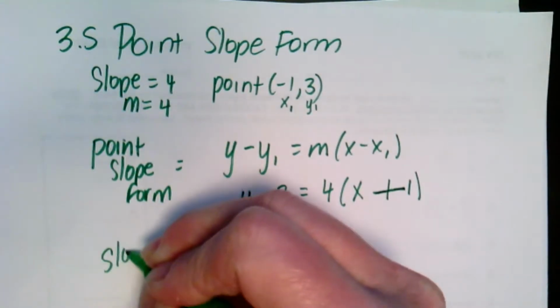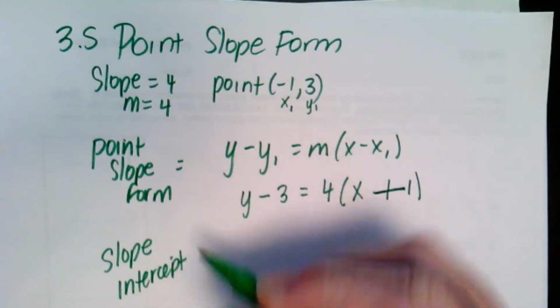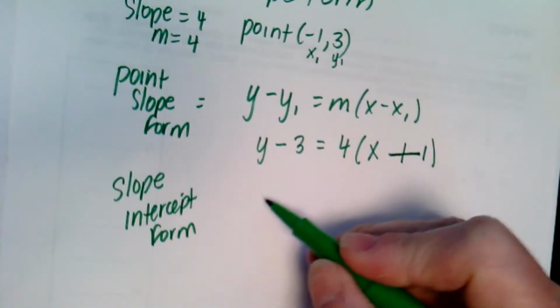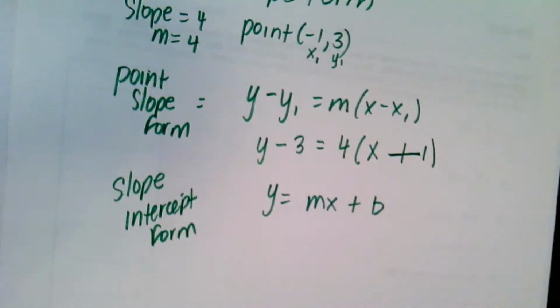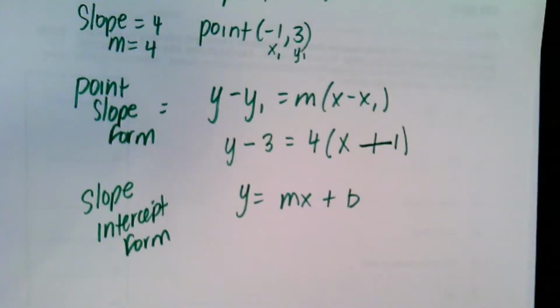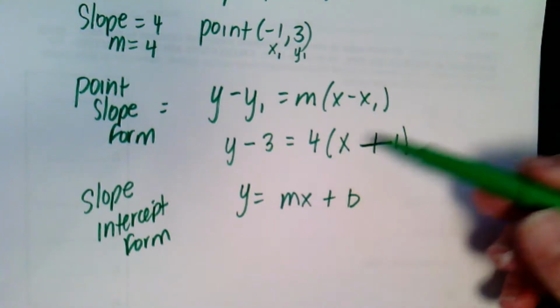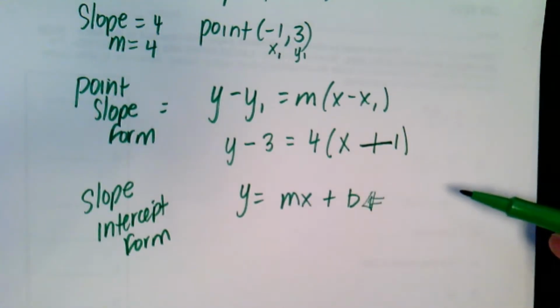Well, now they ask for the slope intercept form, and that is this form. And the good news is what you got at the top, as long as you simplify it to y equals, you will have this form, which is our slope intercept form.